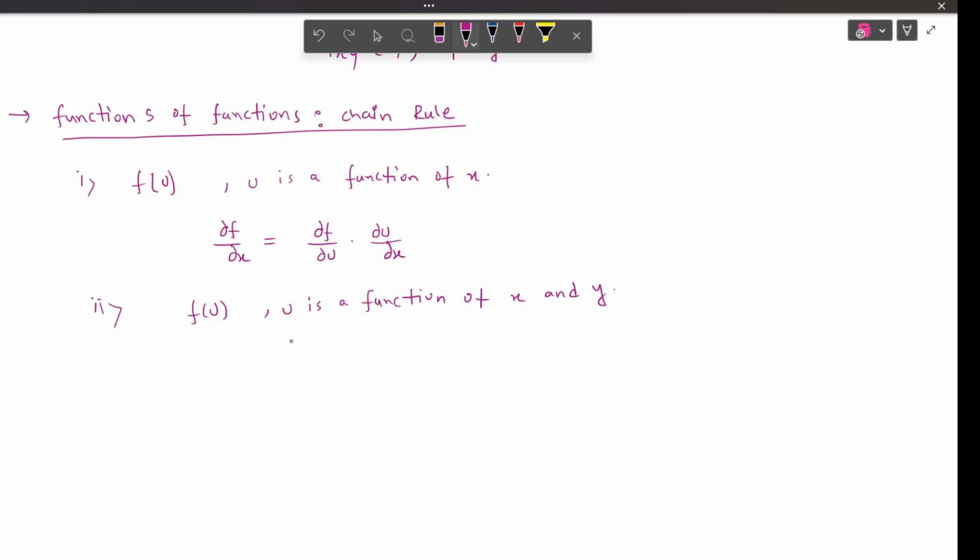So there are two partial derivatives, right? ∂f upon ∂x, which would be ∂f upon ∂u multiplied by ∂u upon ∂x. We can write this. Now ∂f upon ∂y, we can write this as ∂f upon ∂u multiplied with ∂u upon ∂y.